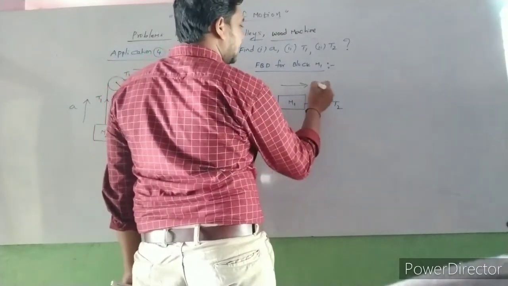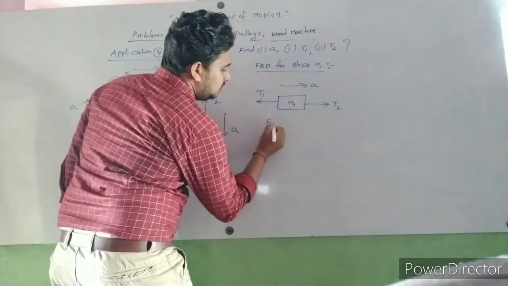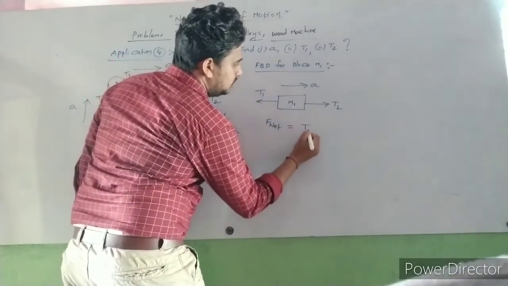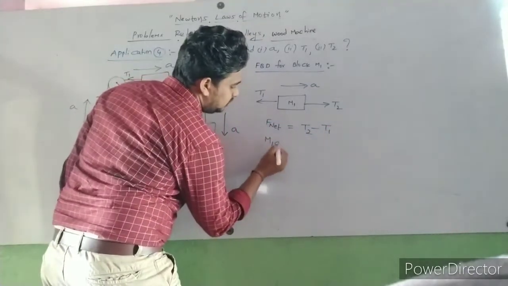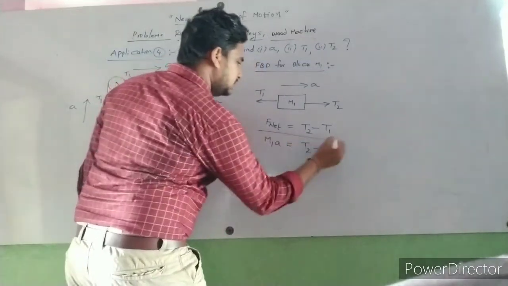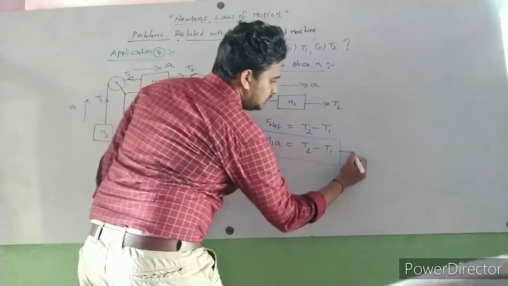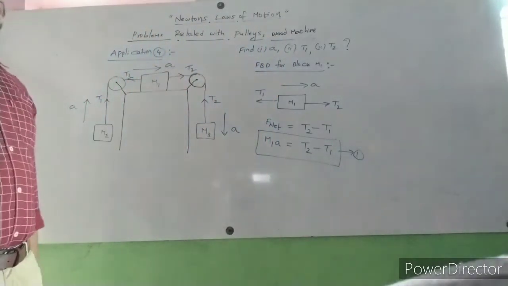Here acceleration is acting in this direction. From this, F net is equal to T2 minus T1. That means M1 into A is equal to T2 minus T1. So this is equation 1, the FBD for block M1.